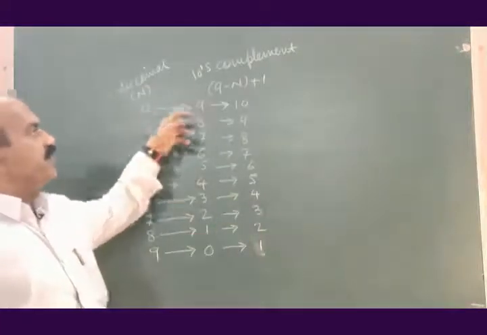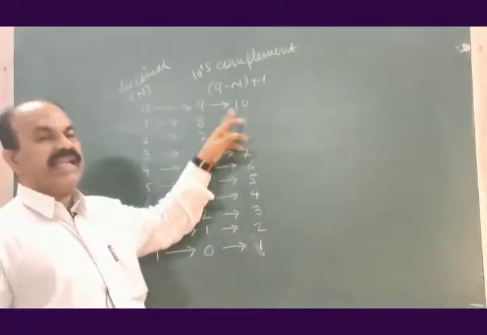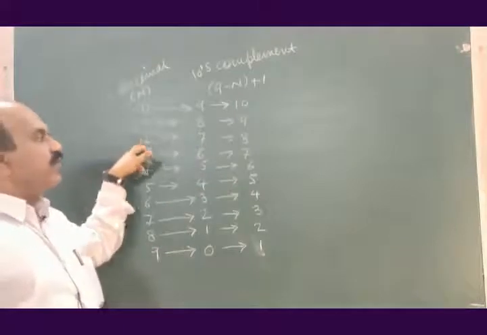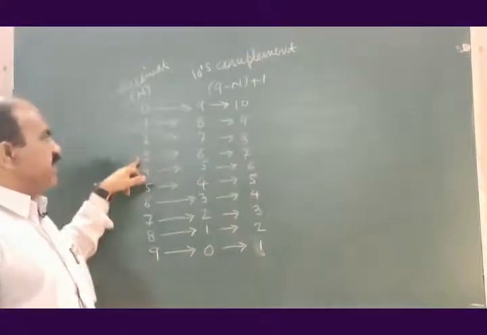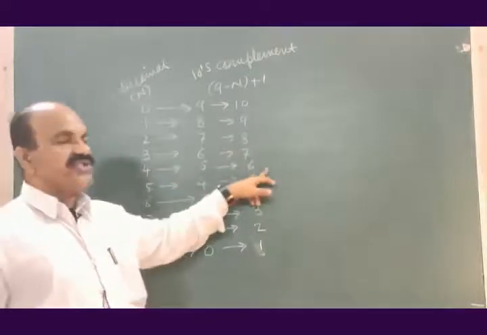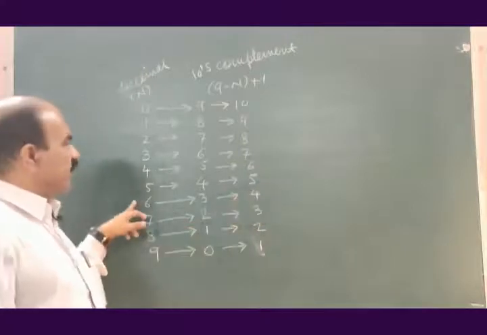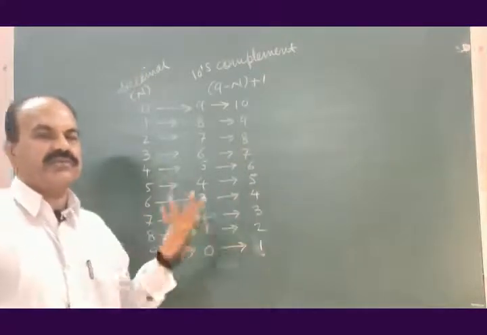Tens complement of 0 is 10. Tens complement of 1 is 9. Tens complement of 2 is 8. Tens complement of 3 is 7. Tens complement of 4 is 6. Tens complement of 5 is 5. Tens complement of 6 is 4, and so on.